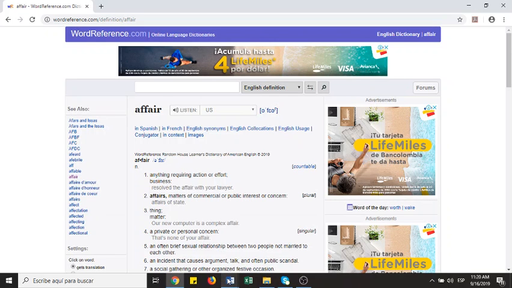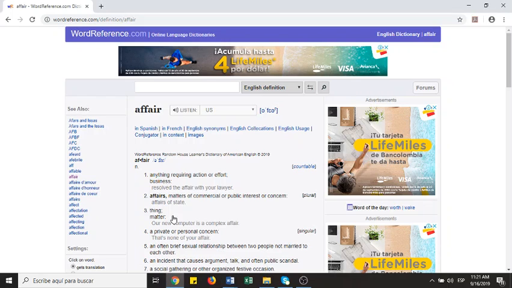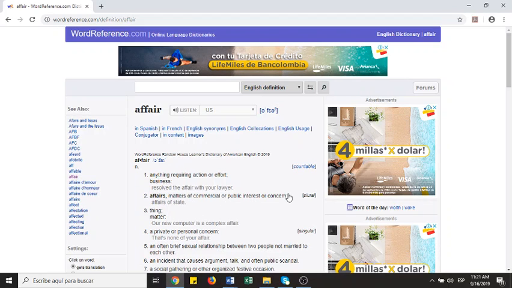I want to go back for a moment to the text. It says here, Indian affairs, no? The Brazilian Department of Indian Affairs. So I guess they are talking about the people in the Amazon, the tribes, the indigenous people living there. So I say affair might be things, business, right? And affairs here, matters of commercial or public interest or concern.